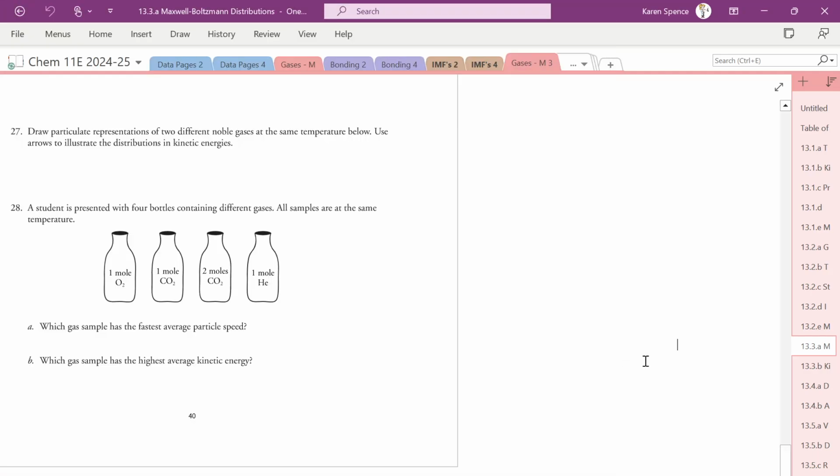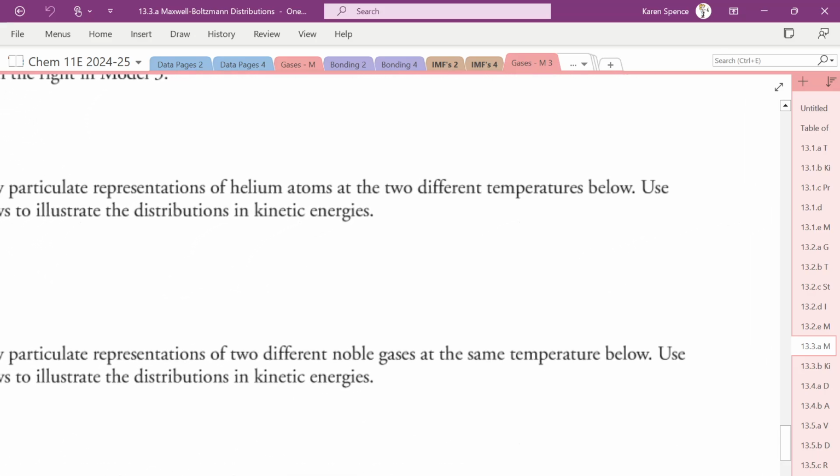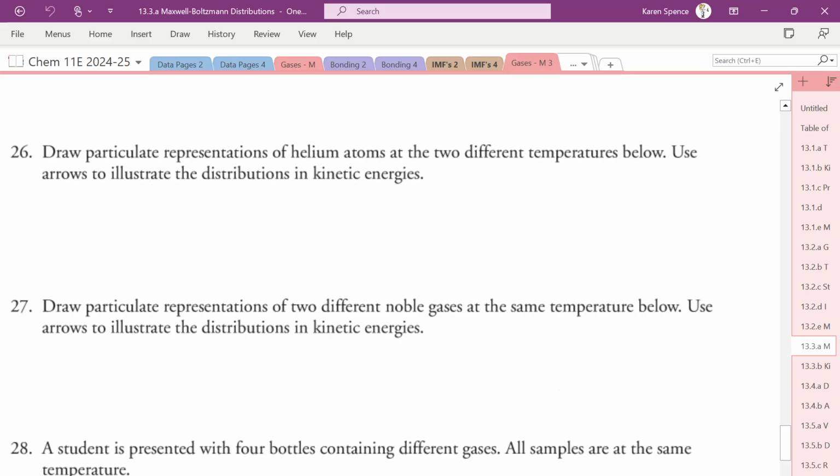Okay, today we are on page 40. And we're taking a look at number 26.